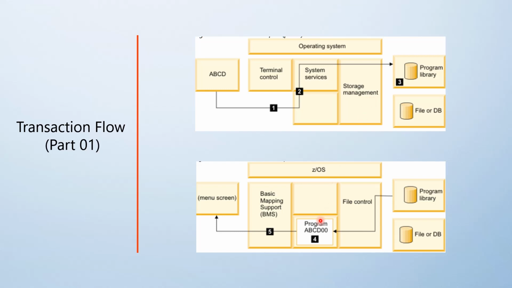Then it starts running. In this case, it has a map, or a screen. So basic mapping support has come into the picture, and it has sent a screen to the user.